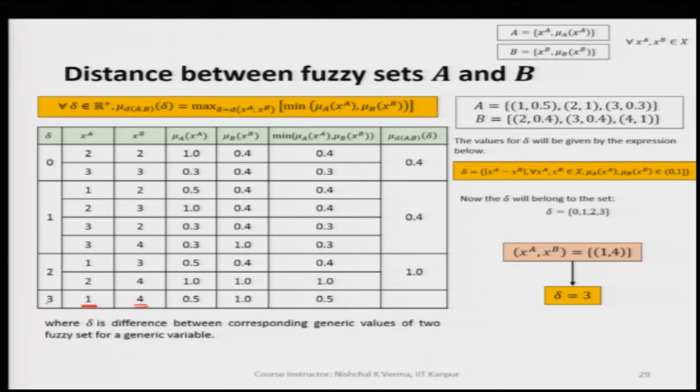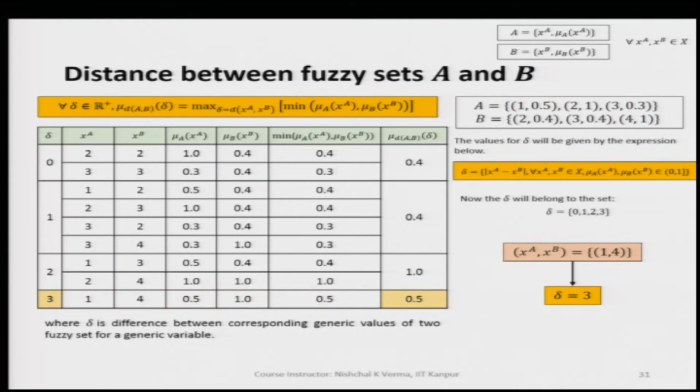So, 1 4 for delta is equal to 3, and then the corresponding membership values are entered over here, and when we take the minimum of these we are getting 0.5, and since we have only one entry here, the maximum of this is going to be 0.5.